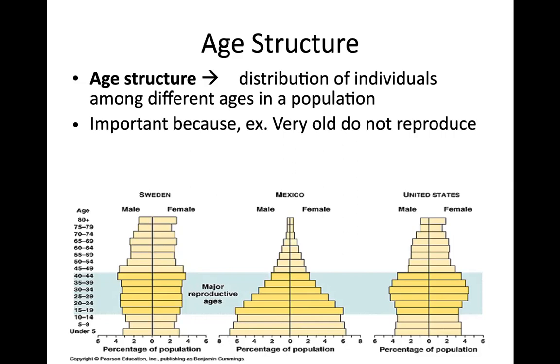Why that matters economically is because working people support the economy so that the older people can rely on retirement, right? When you become a certain age, you retire from working and you rely on your retirement benefits or your savings, or maybe a government program like Social Security, which also helps contribute to your costs of living.